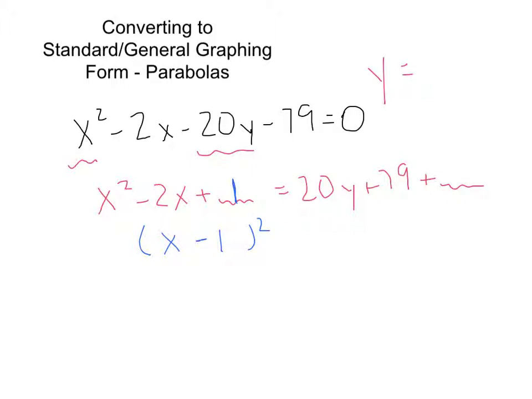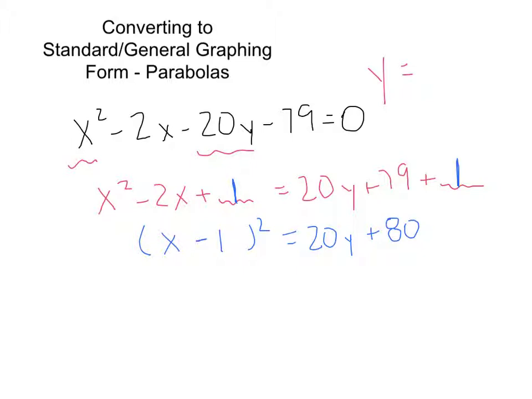Now remember, from completing the square, we need to add that same value to the other side to keep our equation balanced. So now we have x minus 1 all squared equals 20y plus 80. Now we're trying to solve for y. We want to get our y equals equation. So now let's move the 80 back to the other side.